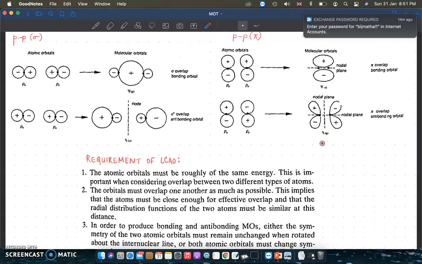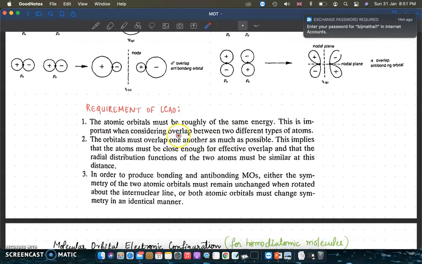Now here an important thing you have to note is that there are certain requirements for the combining atomic orbitals. One important fact is that the atomic orbitals must have roughly the same energy. You cannot have a combination of atomic orbitals different in energy.